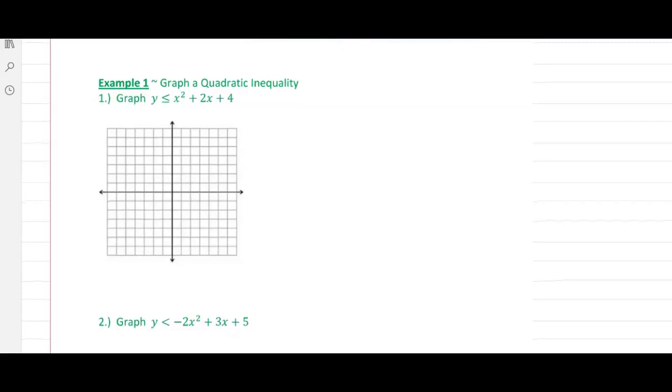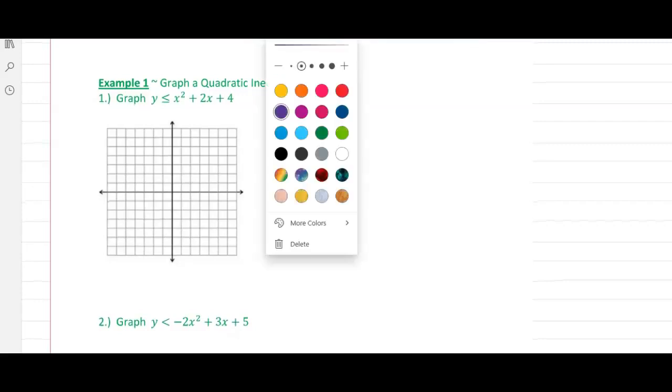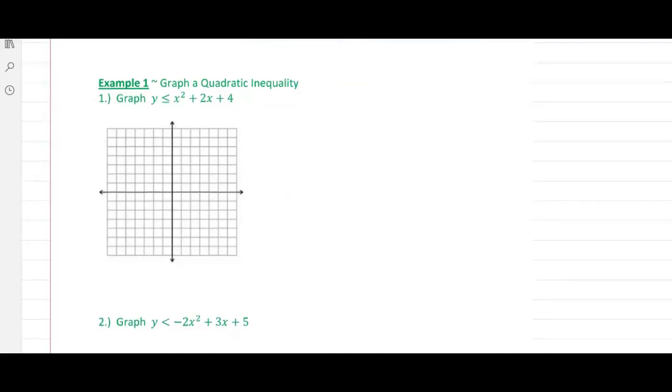Let's practice. So for our first example here, we have y is less than or equal to x squared plus 2x plus 4. So I'm going to graph this. I'm going to graph it strictly by hand. I know I have graphing technology at my fingertips that I could use, but I'm going to start by finding the vertex, which is negative b over 2a, which would be negative 2 over 2 times 1, or negative 1.